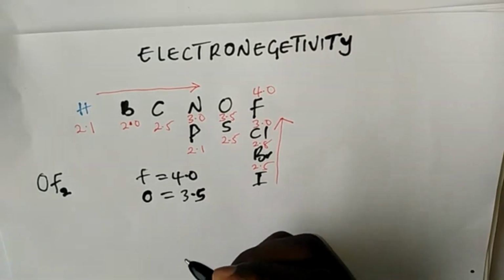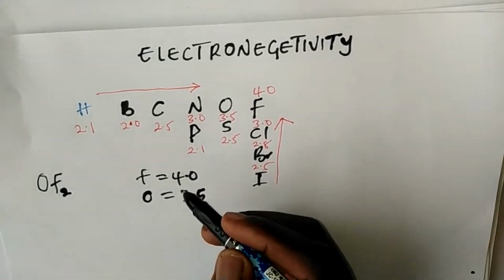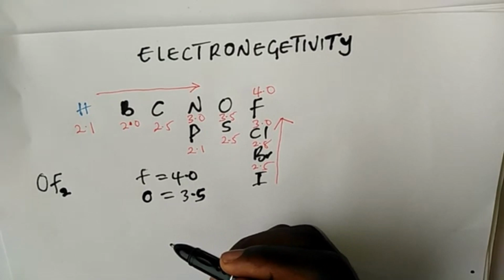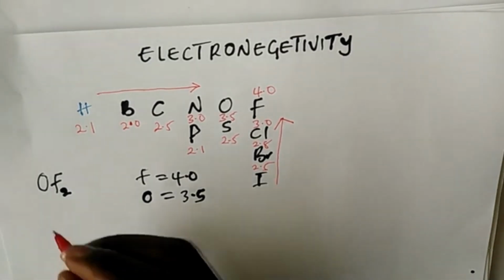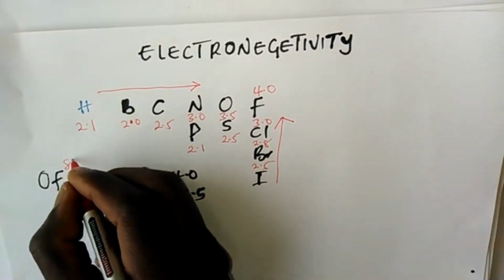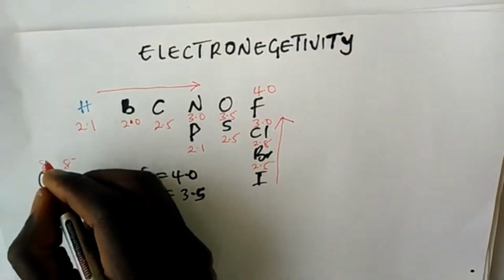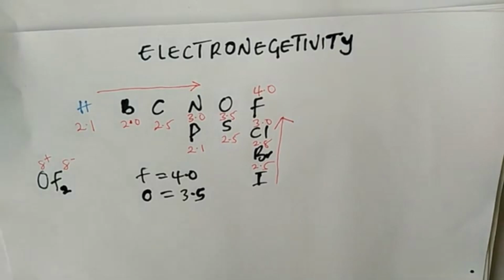Between fluorine and oxygen, which has higher electronegativity? Fluorine, right? So fluorine will be partially negative while oxygen will be partially positive. What this means is that whatever element has the highest electronegativity in a particular compound, that element is the one that carries the negative charge, while the other element will carry a positive charge.